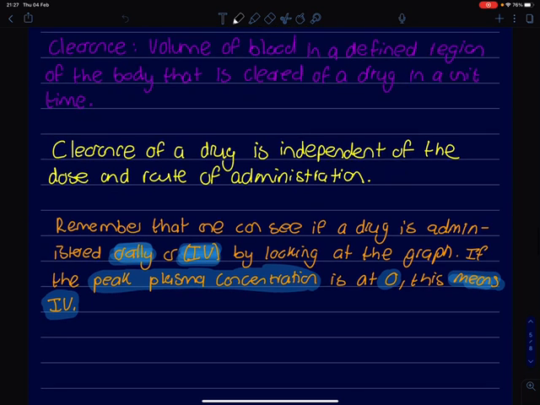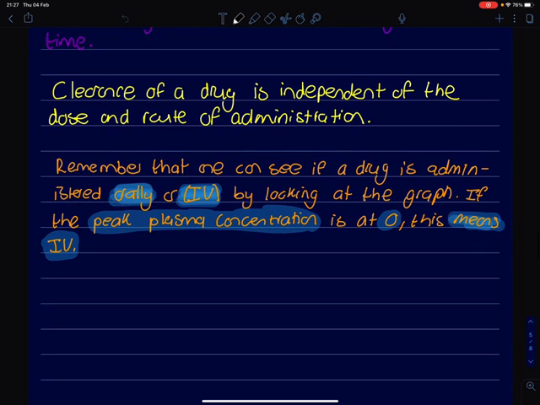So that's clearance. Okay, so remember that one can see on a graph if a drug is administered orally or intravenously. The bioavailability of intravenous injections is 100%. So on the graph, the biggest plasma drug concentration would be at time 0 if it's intravenous, because the bioavailability is 100% and therefore the drug is immediately in the systemic circulation.